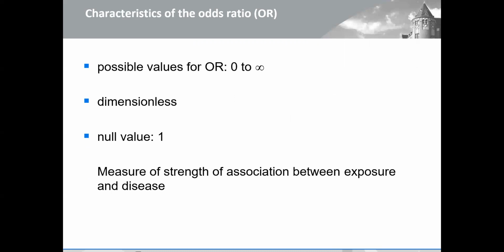They are dimensionless, which means they have no units. If you have an odds ratio of 1, it means there is no association. So it is also a measure of the strength of the association between exposure and disease.